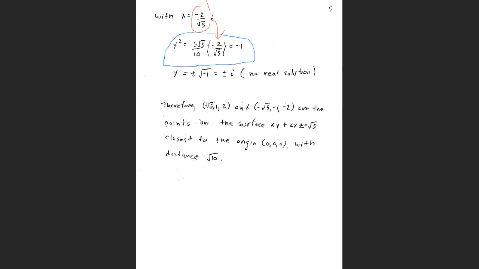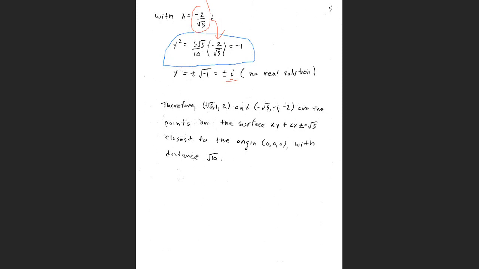But if I solve that, I get y equals plus or minus i. Do we want imaginary solutions here, class? No. Our surface and our coordinates are in 3-dimensional real space, so we're not dealing with complex space. We'll save that for another class, okay?